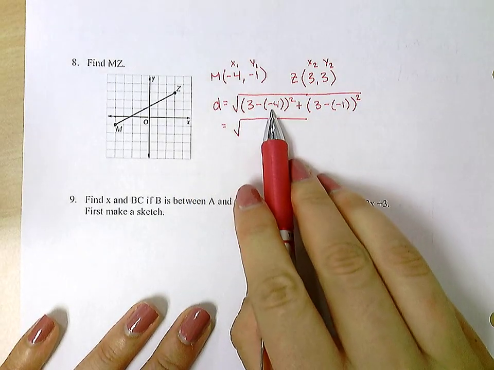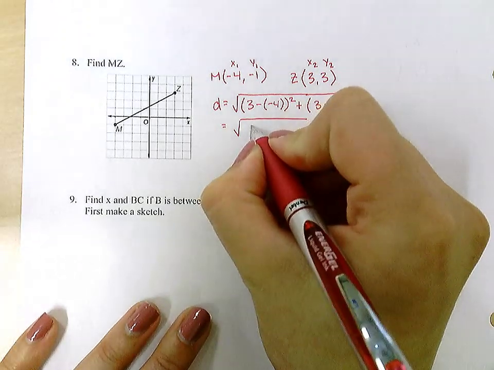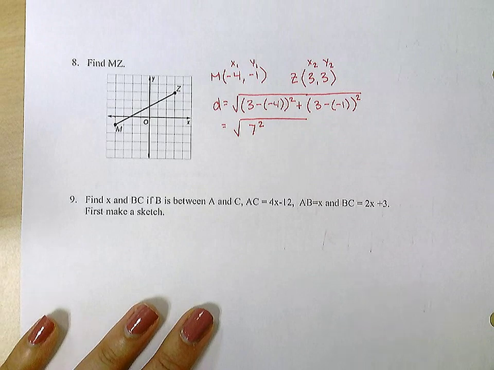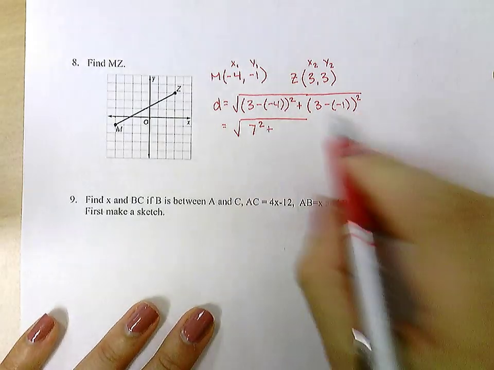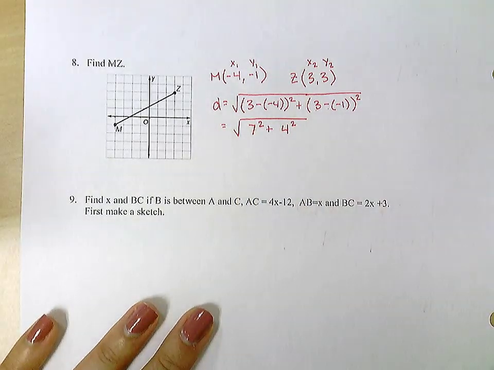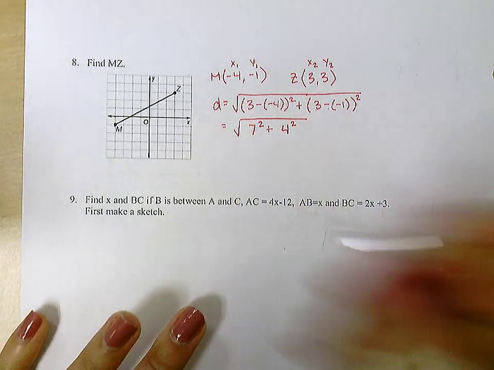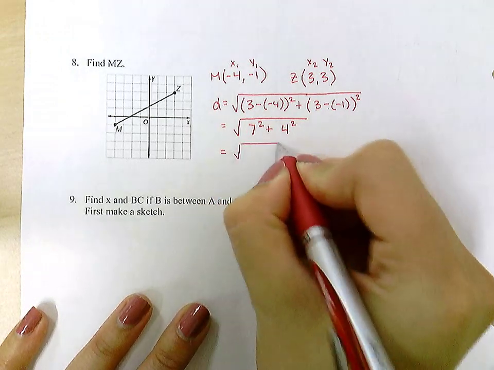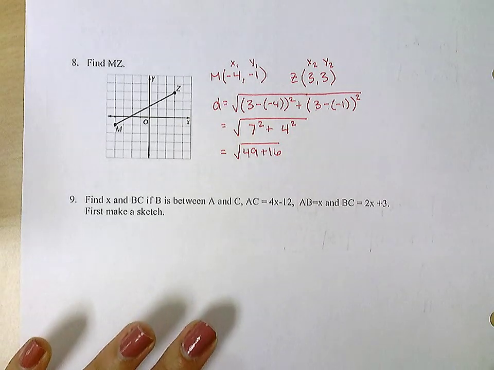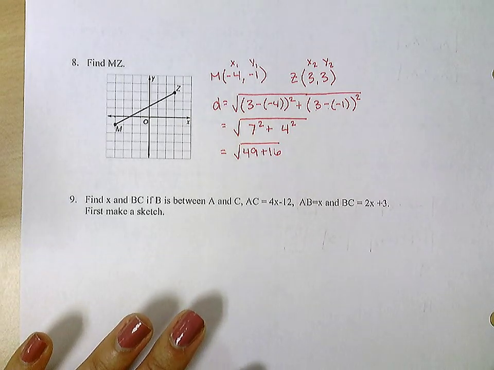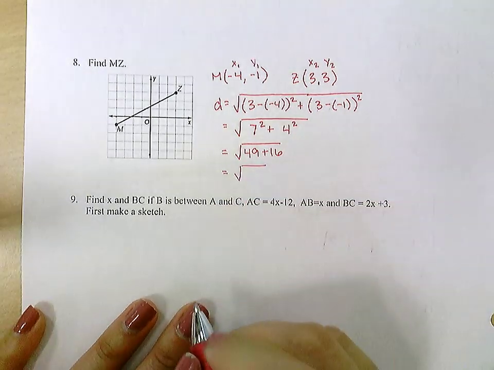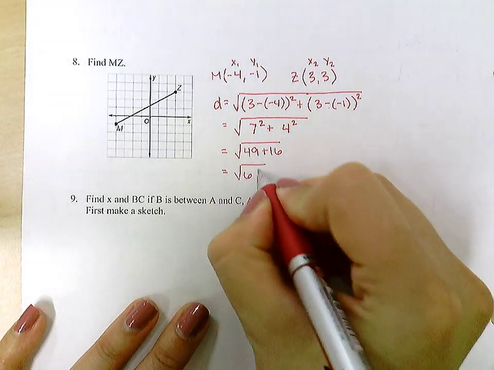Simplifying, I have 3 minus a -4, that is 7, plus 3 minus a -1, that is 4. So I end up with the square root of 49 plus 16, which is equal to the square root of 65.